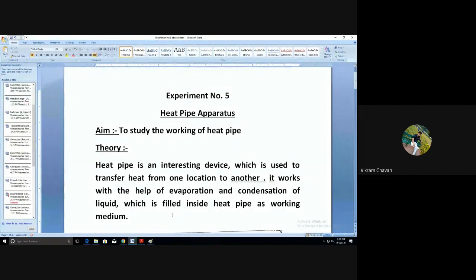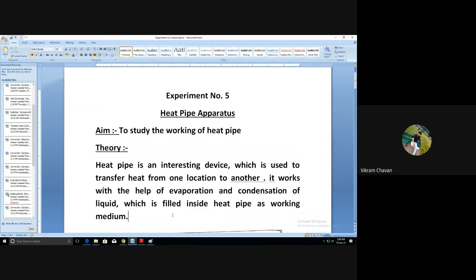Whatever operations are performed are inbuilt inside the heat pipe. The heat pipe takes the help of the latent heat of evaporation and the latent heat of condensation of the working fluid, and on the basis of those two heats only, the whole working of the heat pipe can be carried out.